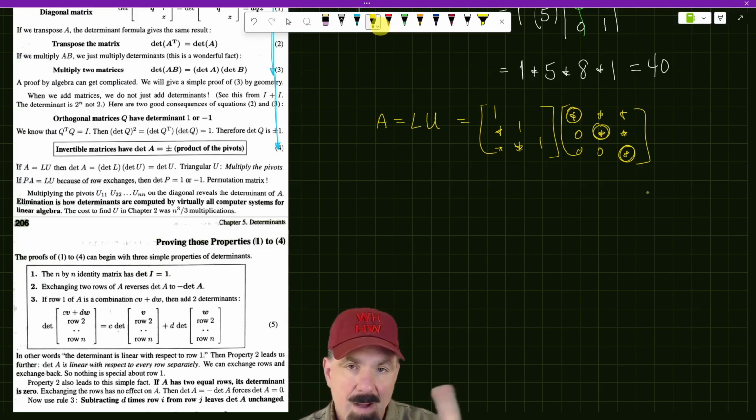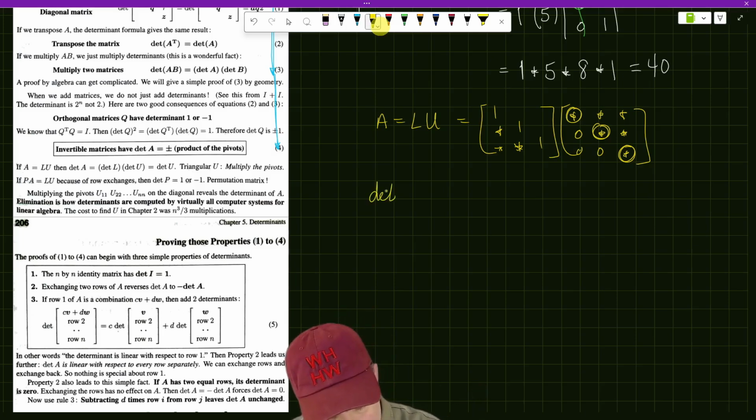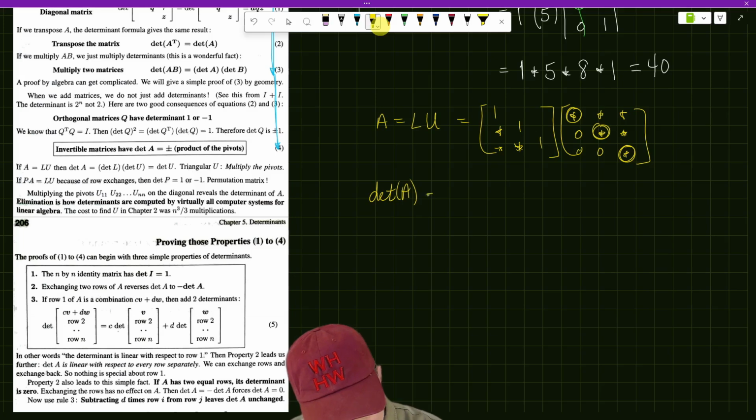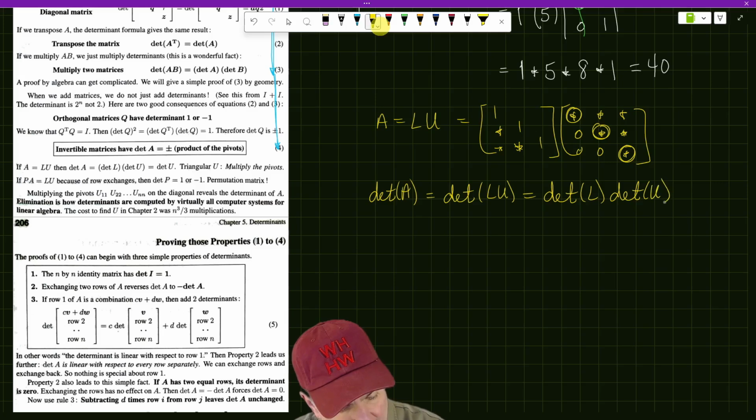And then I have a bunch of zeros, and I have some non-zero values up here. But by combining my two big formulas, I have the determinant of A is equal to the determinant of LU, but that's equal to the determinant of L times the determinant of U. And the determinant of L is the product of the 1s. So this is just a 1. And that's going to get multiplied times the product of the diagonal elements here, which are the pivots.